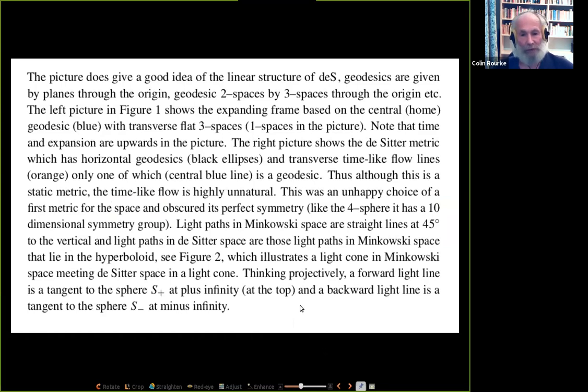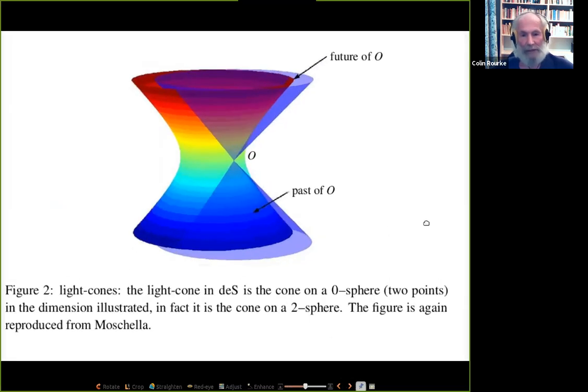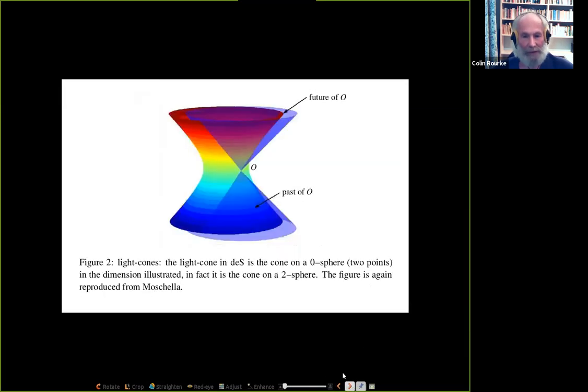Light paths in Minkowski space are straight lines at 45 degrees to the vertical, just like in special relativity. And light paths are those light paths in Minkowski space that lie in the hyperboloid. So this is a picture for that. Again, pinched from Michelle. He's produced beautiful pictures for us.